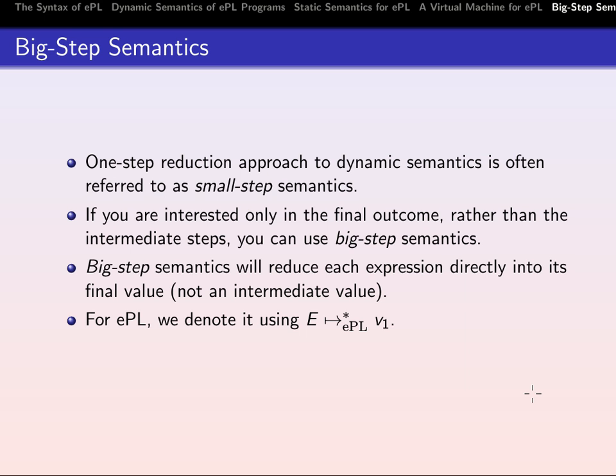Cool. So what we want, and what the actual big step semantics is, is the transitive and reflexive closure of the one-step evaluation, and this is what we get here. This is the formal definition.